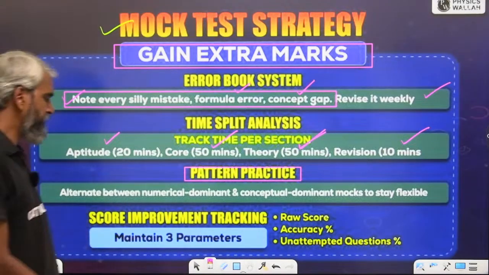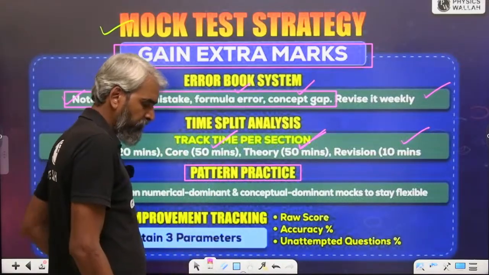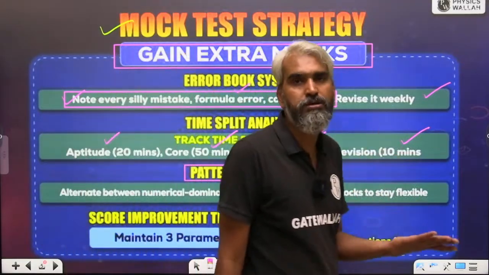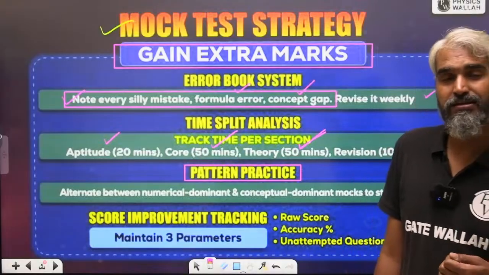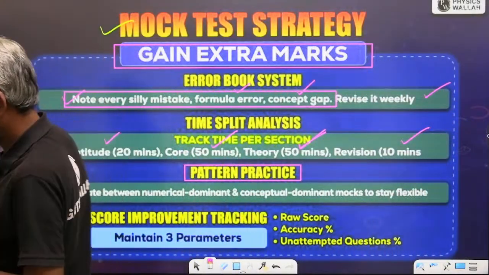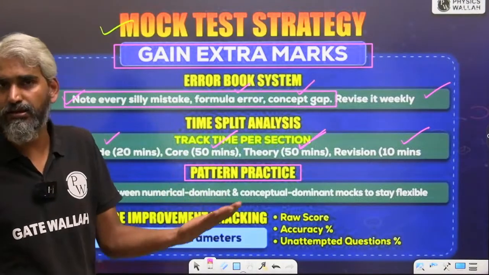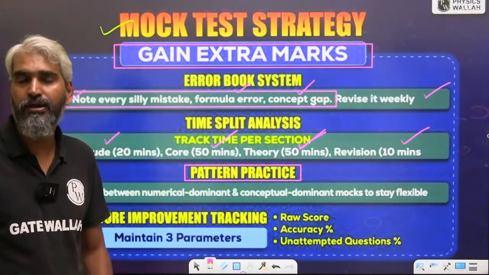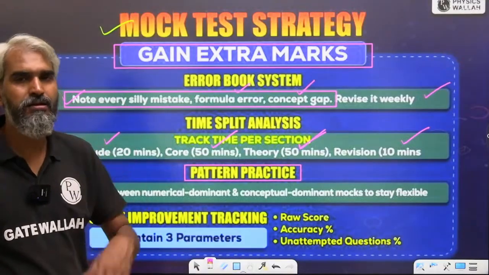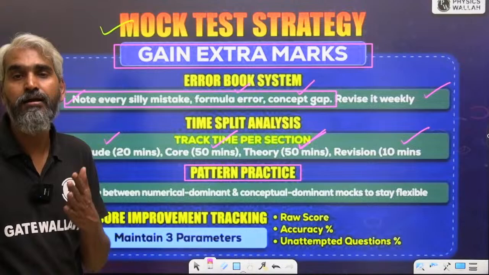What generally happens in GATE is that you will start solving the questions from question number 1 up to question number 65. Sometimes they may ask questions based on formula in the beginning, and questions based on theory in the end, while the mixed type of questions are in between.